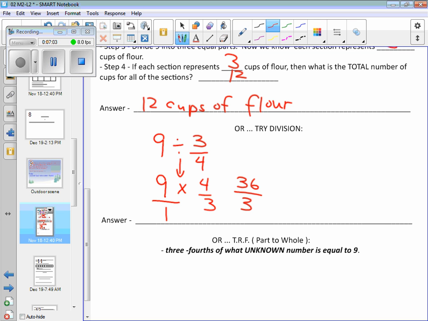It's a top-heavy number, we call it an improper fraction. 3 can go into 36 how many times? Or the other way to look at it is 36 divided by 3. It happens to equal 12. And look at that, we wind up getting the same number. Now, if this confuses you right now, then don't use that method right now. We will revisit it a little bit later on in the module.